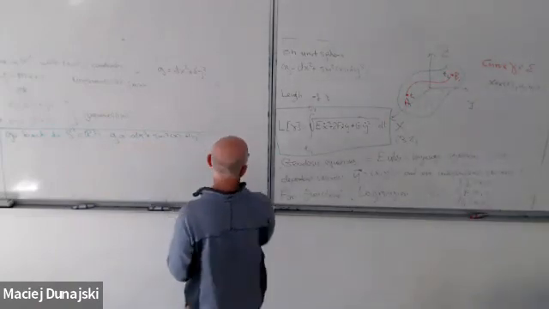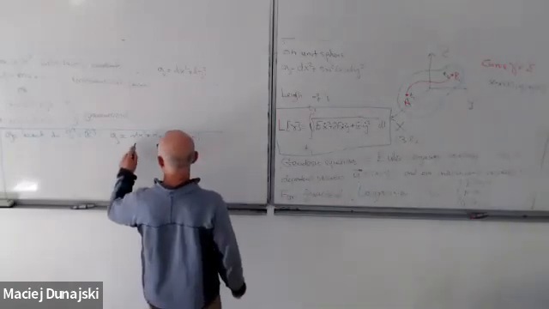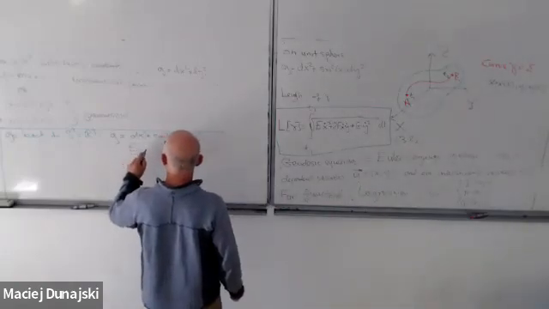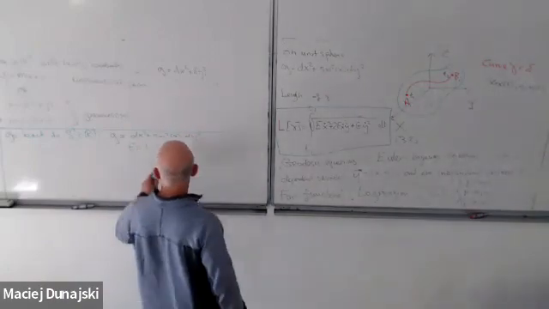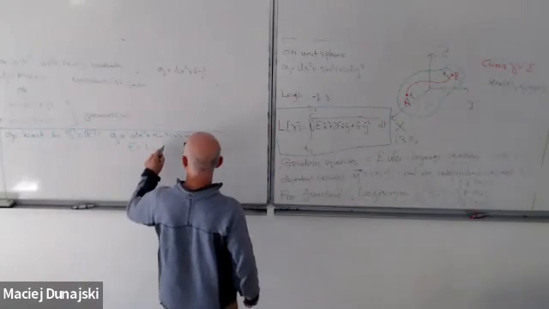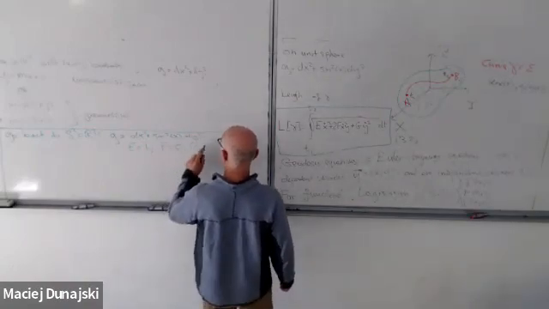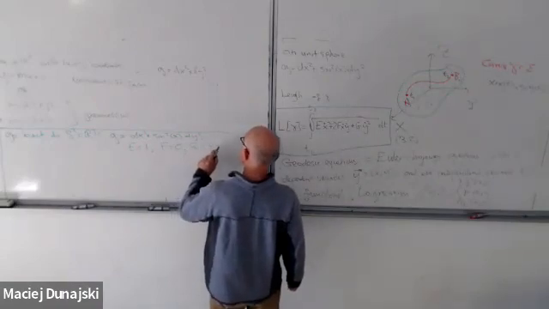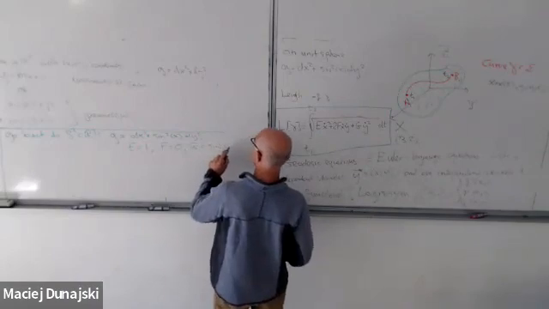Okay? So let's read off what E, F, and G are. In this case, E equals 1, F equals 0, and G equals sine square of x.